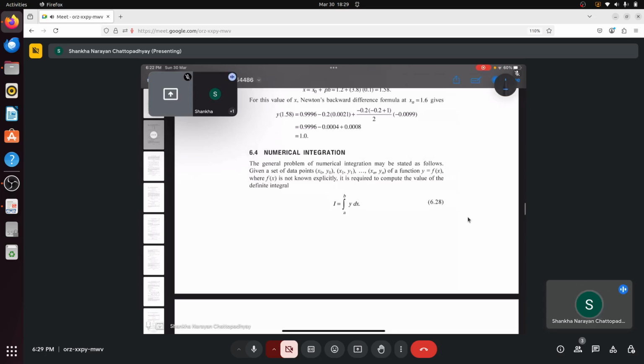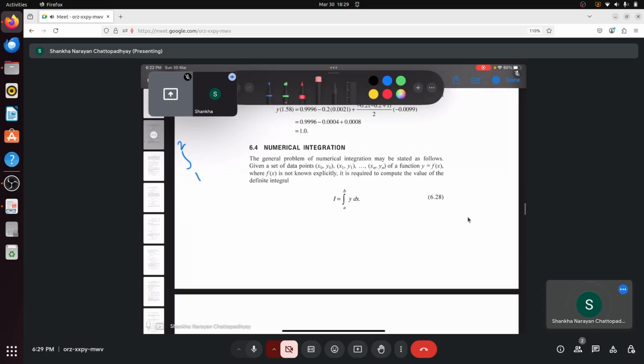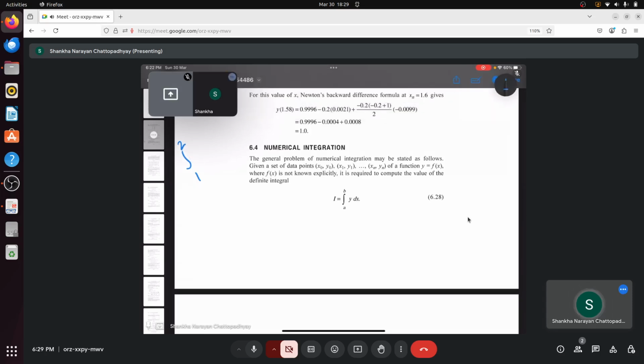Suppose you have this integration from 1 to 2 of e to the power x dx, just to make it easier.